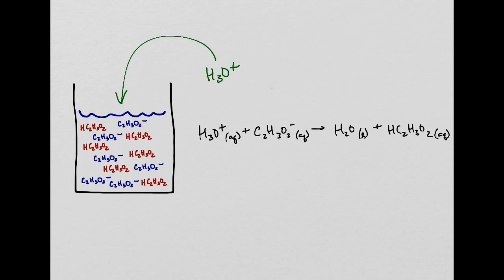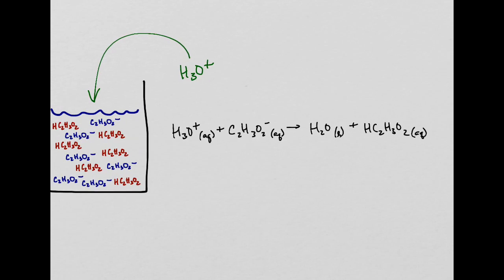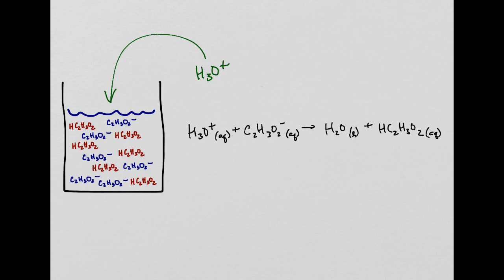Now, what's really important here is to not forget that acetic acid, which is the dude right here, is a weak acid. And what that means is that this reaction heavily lies to the right side. It really wants to go in this direction because the acetic acid likes to form itself. It doesn't like to ionize. It likes to form the HC2H3O2.